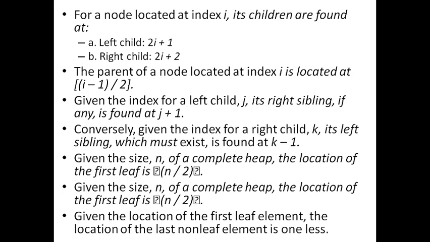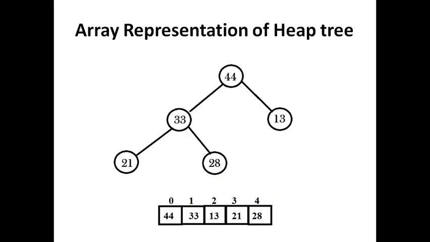Now with these formulas and calculations, let us look at the real implementation to understand this better. So this is a heap tree. Let us first check whether it's indeed a heap tree. We know that a heap tree has to satisfy two conditions. Number one, at any node, the parent has to be greater than the children, and this particular tree satisfies that condition: 44 is greater than both 33 and 13.